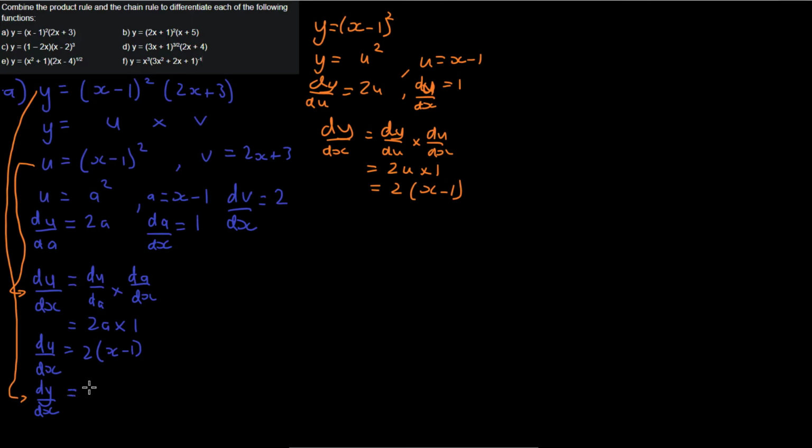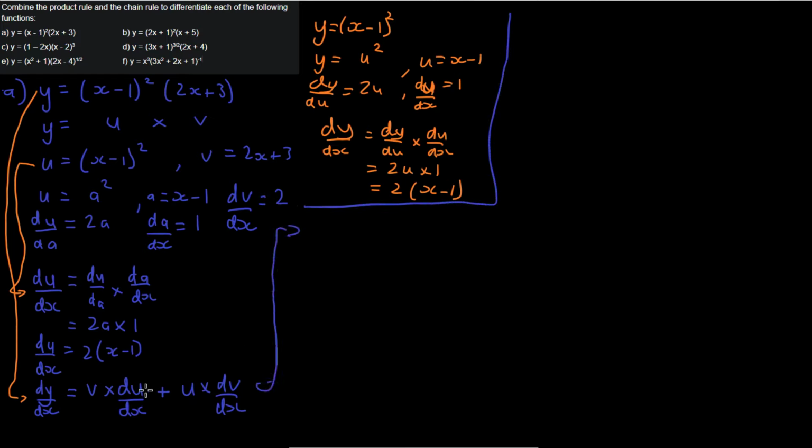And dy/dx is equal to v times du/dx plus u times dv/dx. So dy/dx is v. v is our (2x plus 3).